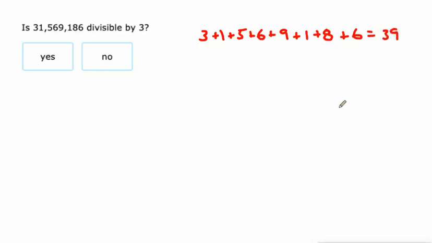Let me check my math with a quick calculator. 3 plus 1 plus 5 plus 6 plus 9 plus 1 plus 8 plus 6 is 39. And since 39 is divisible by 3, that would be 13, this whole number is divisible by 3. Kind of a cool little trick.